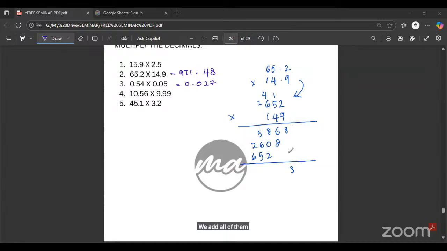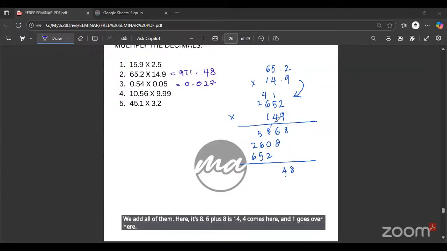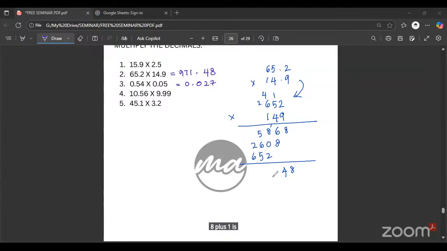Here it's 8. 6 plus 8 is 14. 4 comes here and 1 goes over here. 8 plus 1 is 9. 9 plus 2 is 11. 1 comes over here, 1 goes over here. 5 plus 6 is 11. 11 plus 1 is 12. 12 plus 5 is 17. 7 comes over here, 1 goes over here.